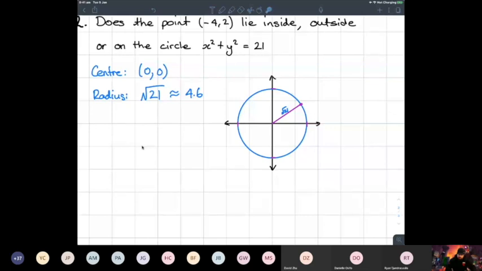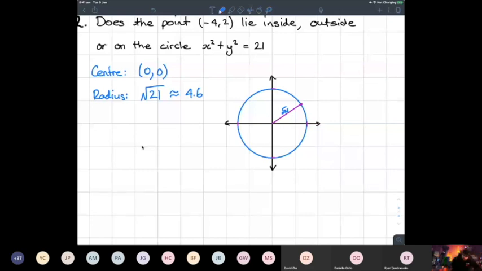Its distance away from the origin is going to be less than the square root of 21. If it's outside the circle, its distance from the origin has to be greater than the square root of 21. And if it's on the circle, its distance away from the origin will equal the square root of 21.